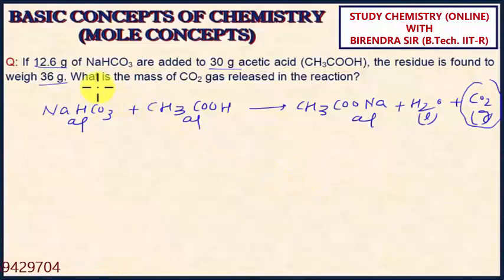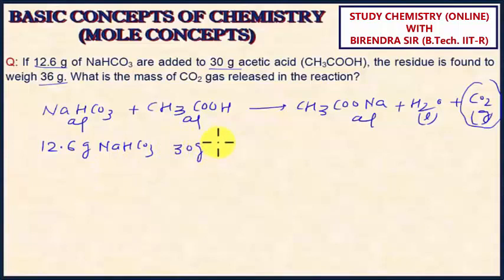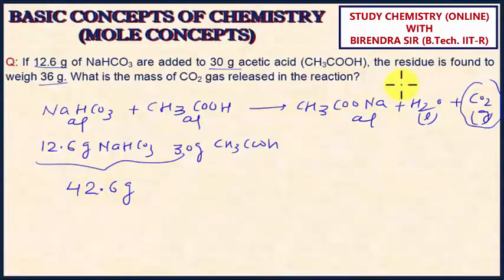Okay, question says initially you have 12.6 gram of sodium bicarbonate and 30 gram of acetic acid. So the total mass I can say as 42.6 gram. Now, after the reaction, it says the residue is found to be 36 gram. Residue 36 gram.